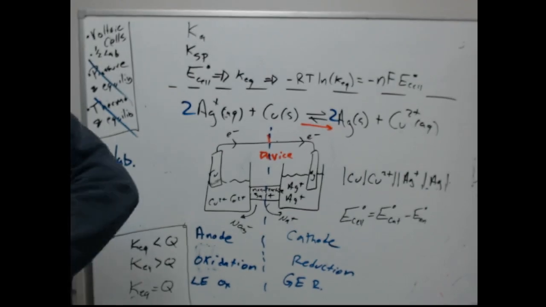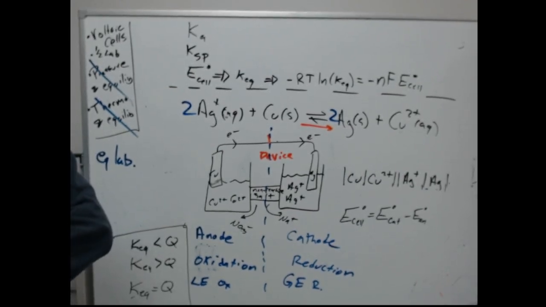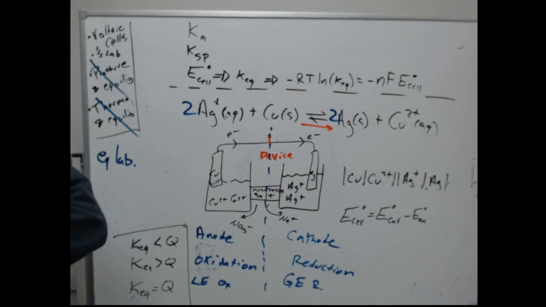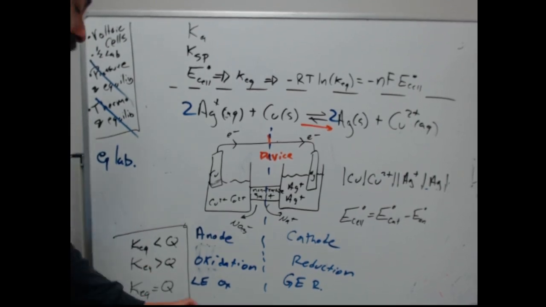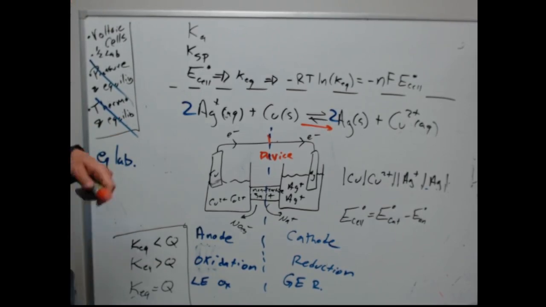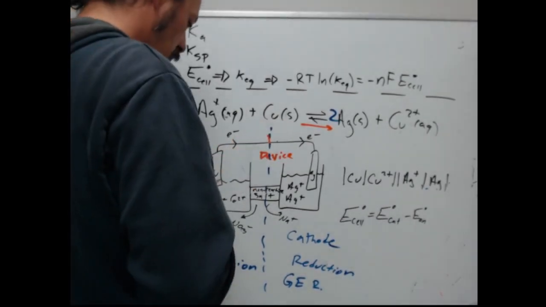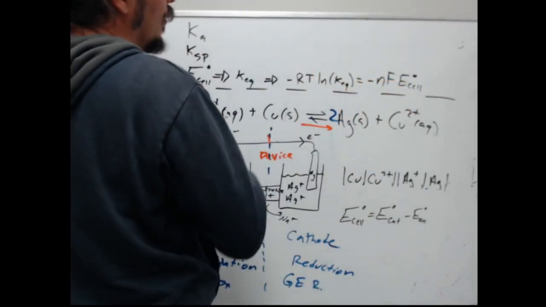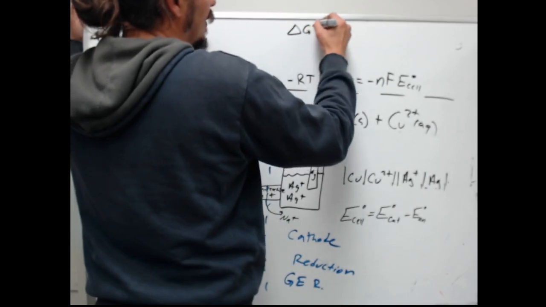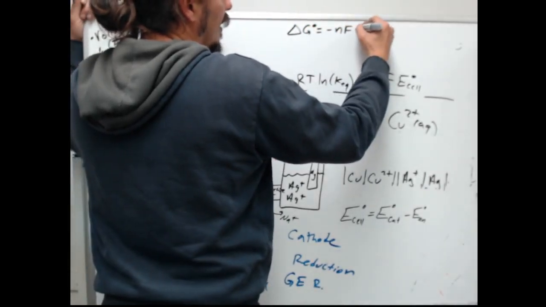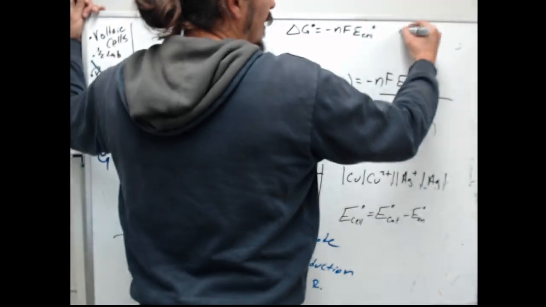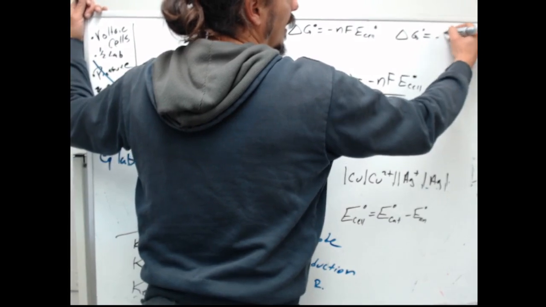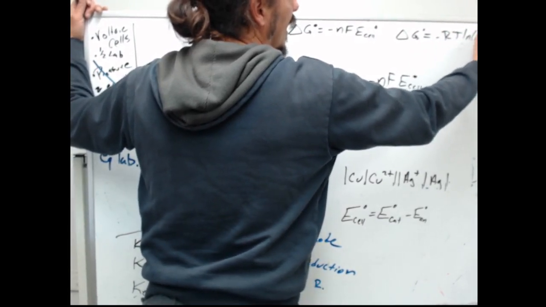Which means if I tried to do any KEQ equations with this, I would have gotten it wrong because my Q value would have been wrong. So how does Q value even come into this? Well, as you can see from this relationship, KEQ can be related to E cell. We can also do delta G standard is equal to negative NF E cell standard, and delta G standard is equal to negative RT ln KEQ.